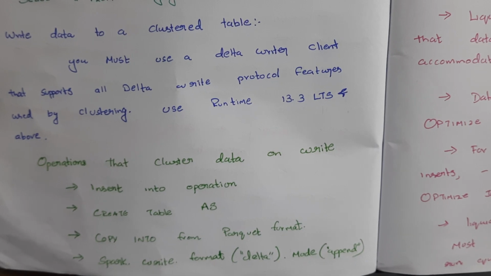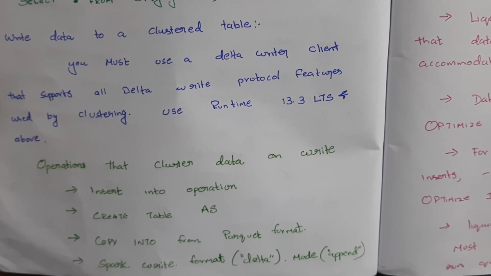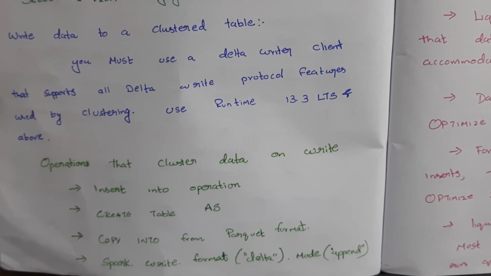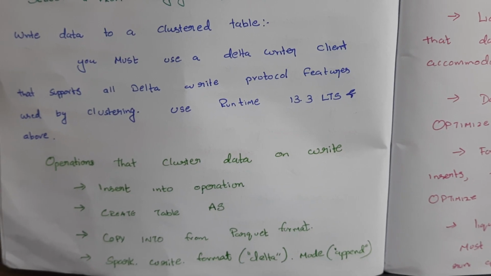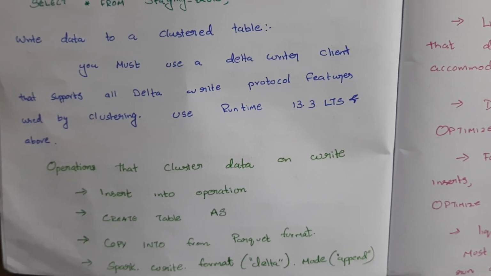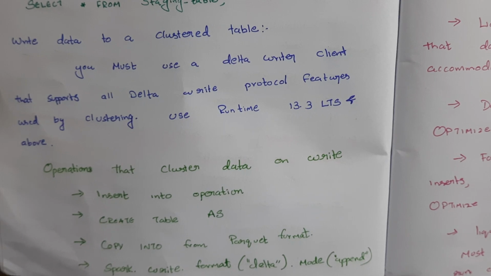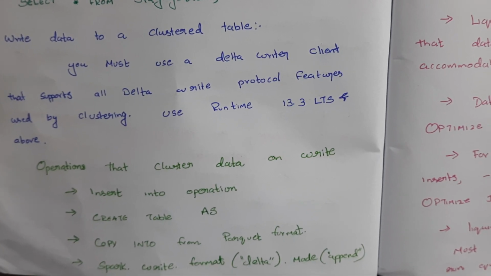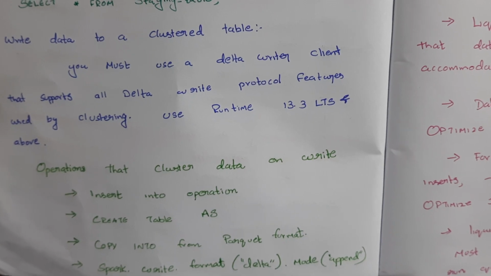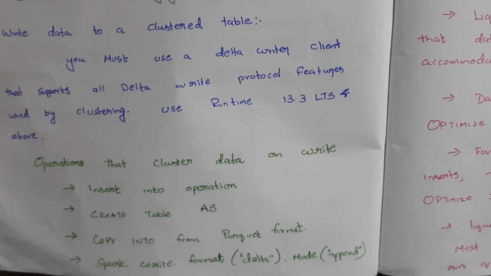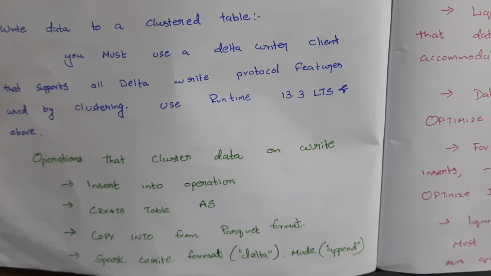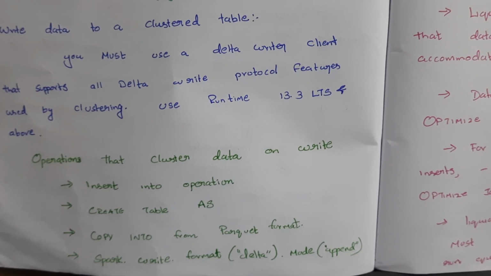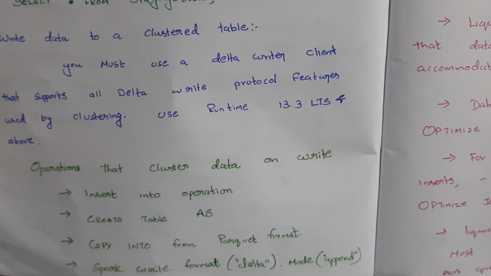Not all write operations are supported, only a few: INSERT INTO is supported, CREATE TABLE AS operations are supported, and COPY INTO from a Parquet file, where you are reading data and copying it into a table, is supported. From a PySpark perspective, spark.write.format("delta").mode("append") is supported, but things like merge are not supported here.